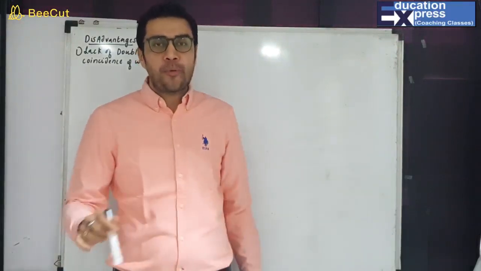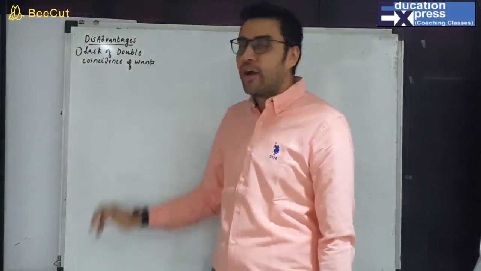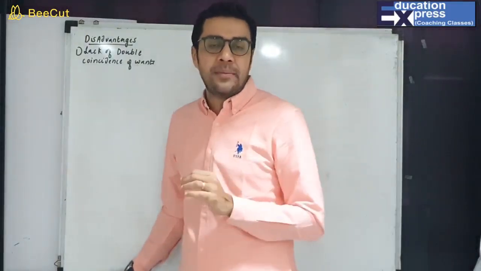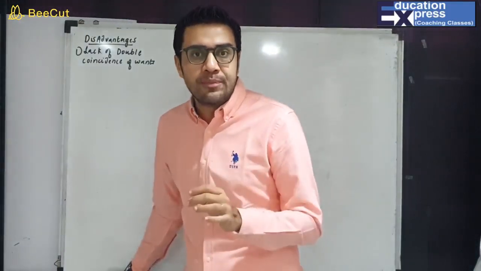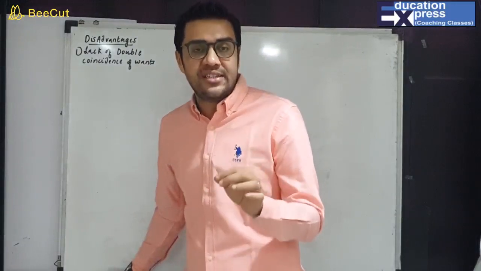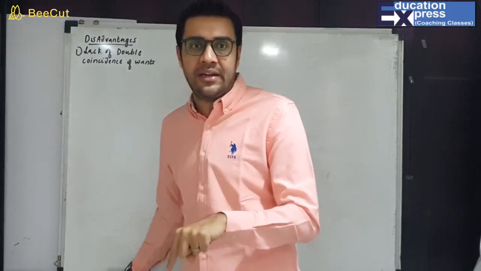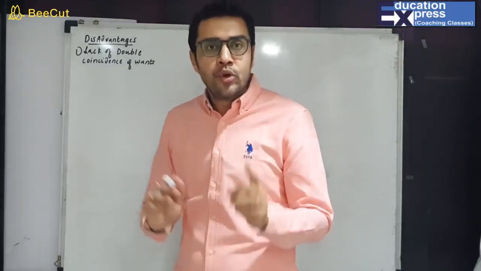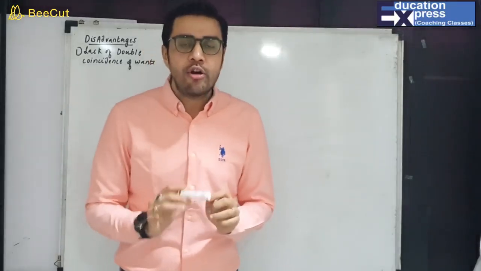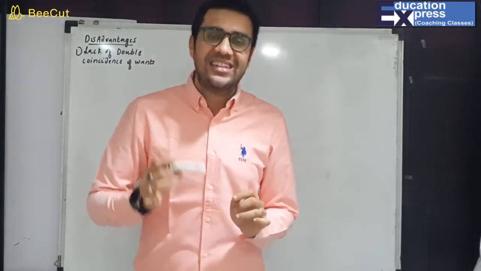So if you want to put up in the point lack of double coincidence of wants, what does that mean? Double coincidence of wants means simultaneous, the word simultaneous should come. Simultaneous mutual fulfillment of wants of both the buyer and the seller.